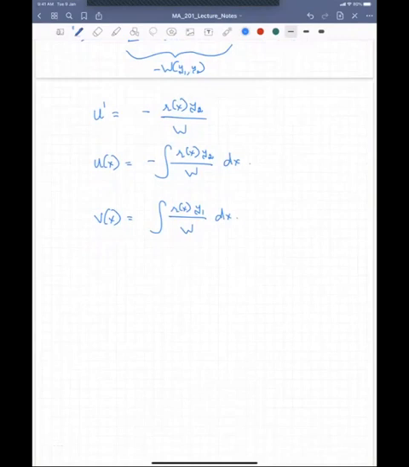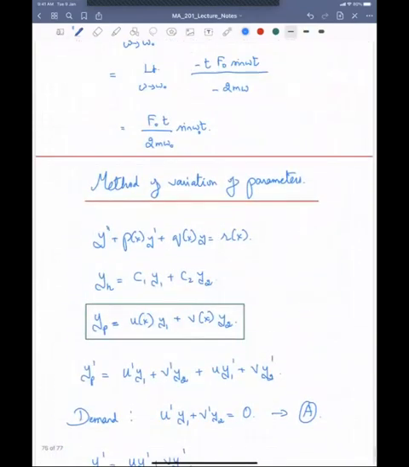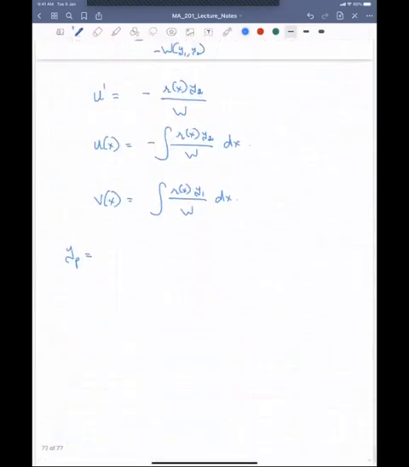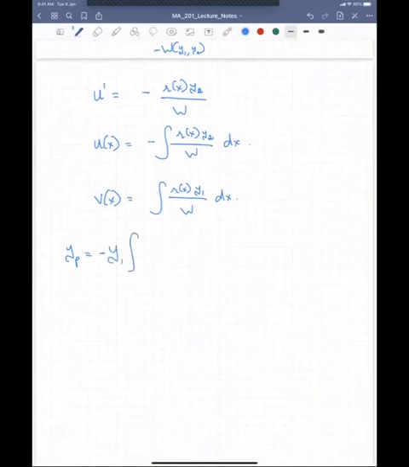And my particular solution in this case would be u times y1, yes, u times y1. So this is my u: minus y1 times the integral of r of x y2 divided by W dx, plus v times y2, so plus y2 times the integral of r of x y1 over W dx.